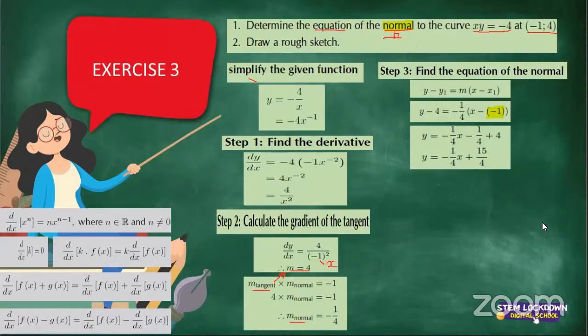Then this is the equation of the normal, not of the tangent, because for the equation of the tangent, you would still use the same point, but then use the gradient of 4. Now we were calculating the gradient of the normal.